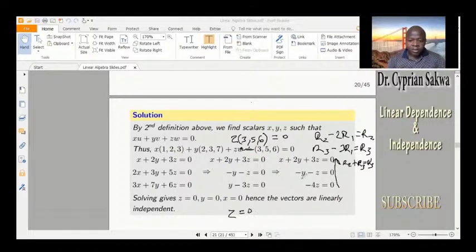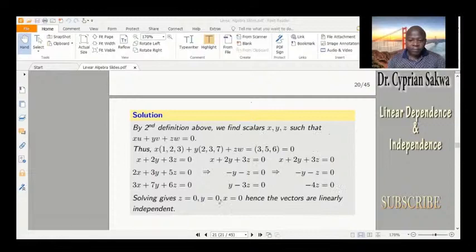So when z is 0, moving to the second equation, putting 0 in place of z, you would obtain that y will also be 0. Then going up to the first equation, you will obtain that x is also 0. So we found that the scalars are all 0. X is 0, y is 0, z is 0.